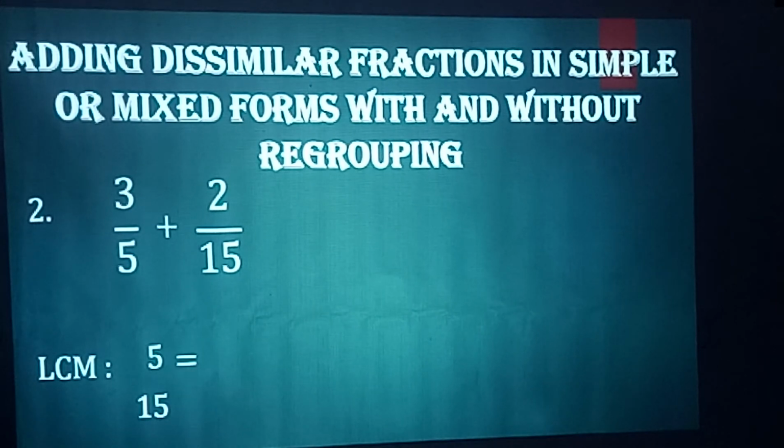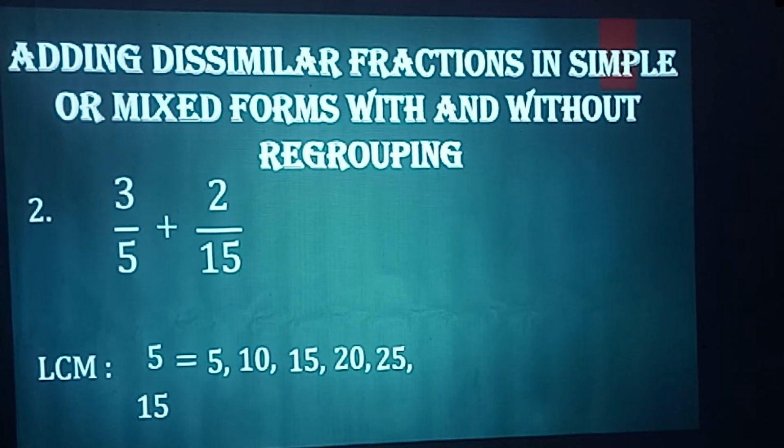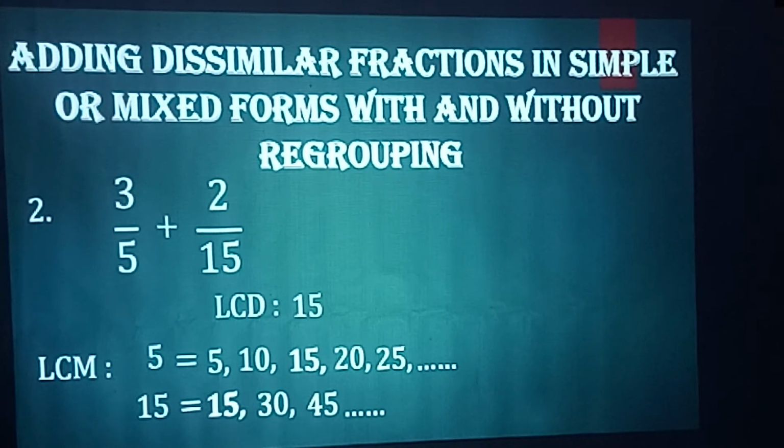For the 5, you have 5, 10, 15, 20, 25, and so on. And for the 15, so I have 15, 30, 45, and so on. Now, the least common multiple of 5 and 15 is 15. And therefore, the LCD is 15.